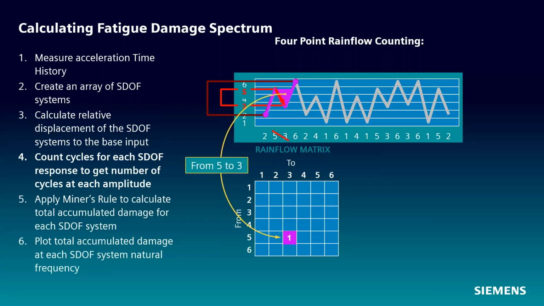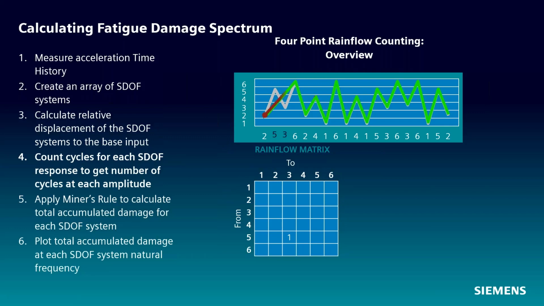And that amplitude is going from bin 5 to bin 3, and we record this in the rain flow matrix. Then we remove those inner 2 points and connect the outer 2 points. And then we start over again from point 1.